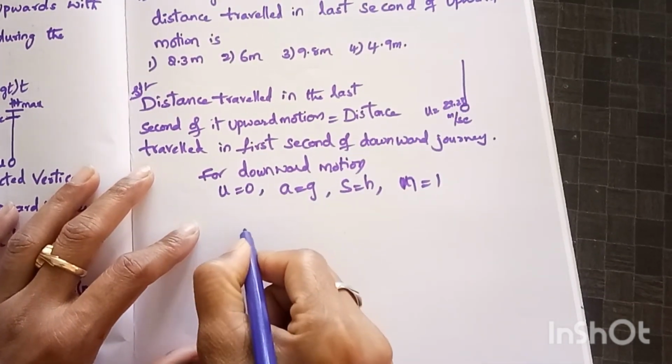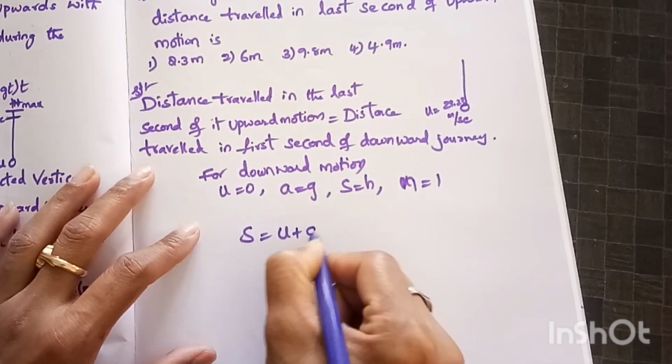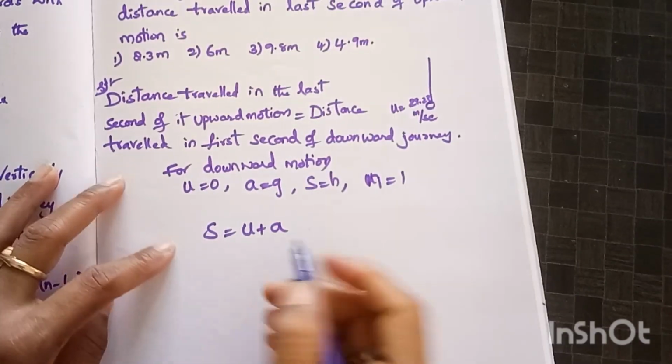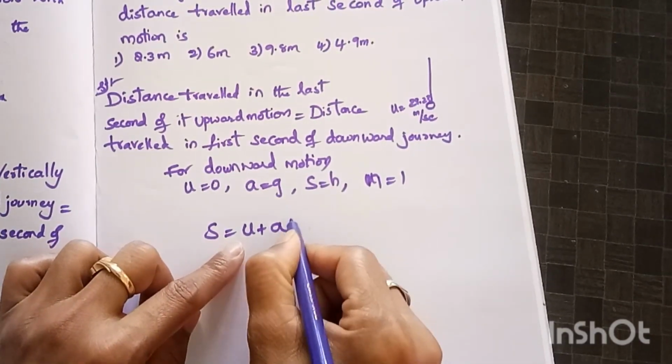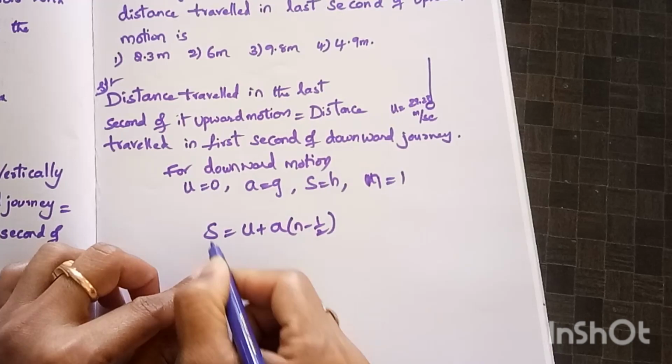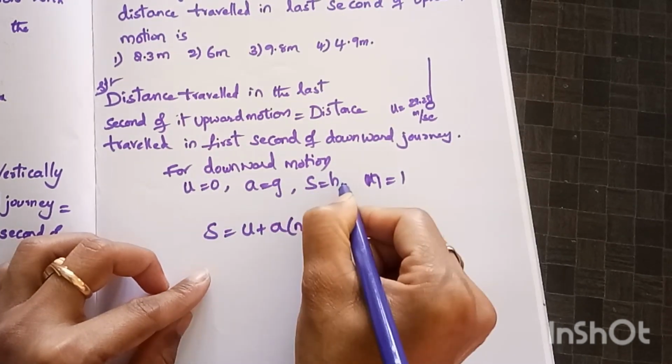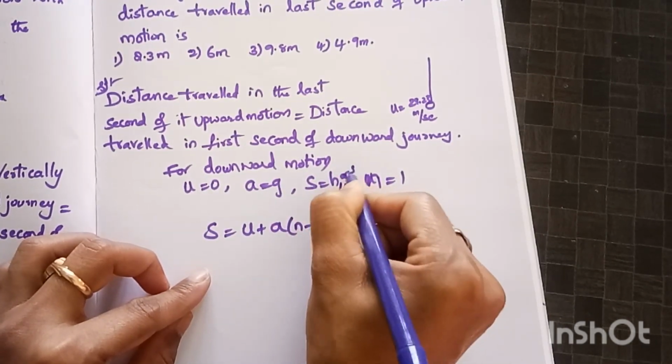So what will be the formula? S equals u plus a into (n minus 1) by 2, so S1, since it is the first second.